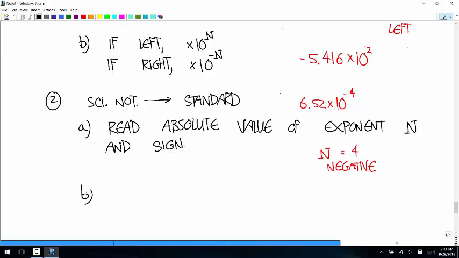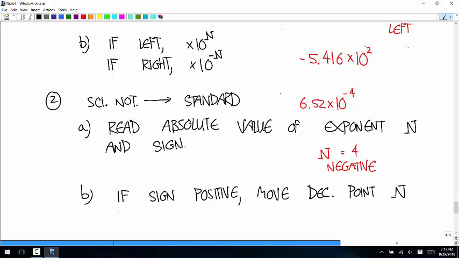And then the last step is, if the sign is positive, move the decimal point n steps to the right.